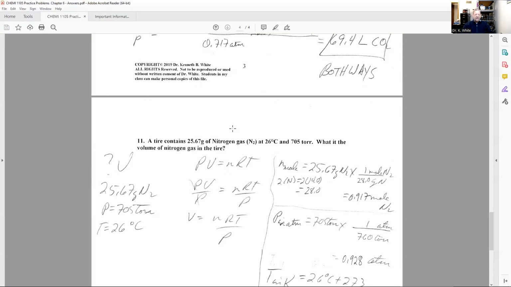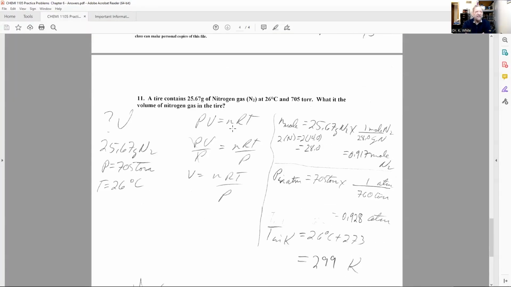Oh, let's do another one. Let's do number 11. If a tire contains 25.6 grams of nitrogen gas at 26 degrees C, 705 torr, what is the volume of the gas? The nitrogen gas in the tire.